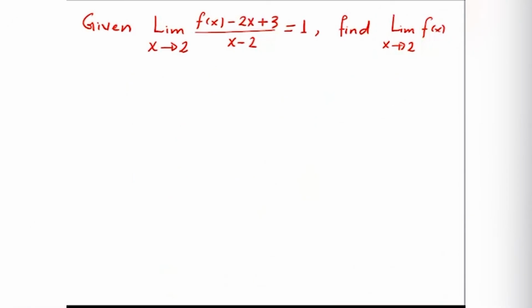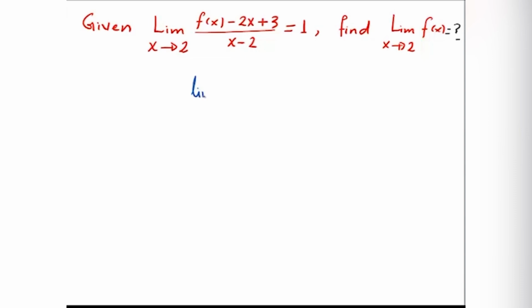In this problem, we are given that the limit as x goes to 2 of f of x minus 2x plus 3 divided by x minus 2 equals 1. And we would like to find the limit of f of x as x goes to 2. Here I will use the properties of limits to solve the following problem.